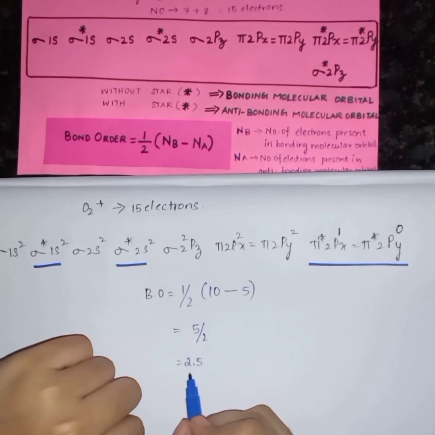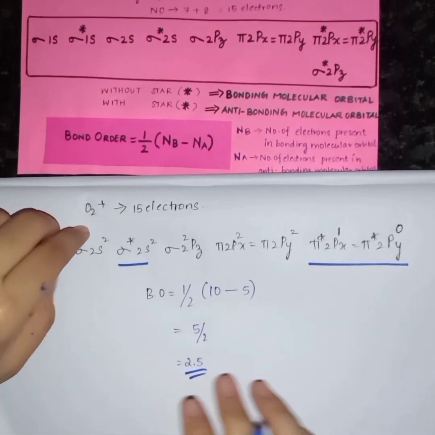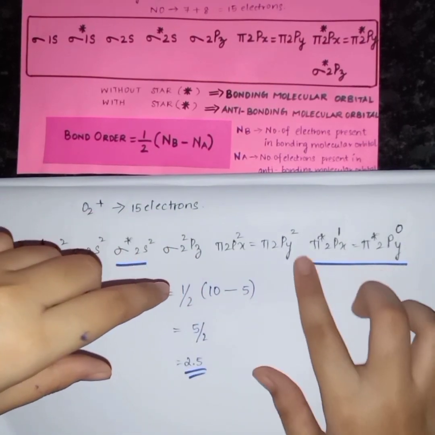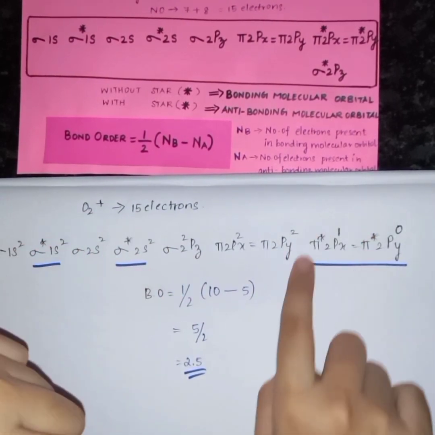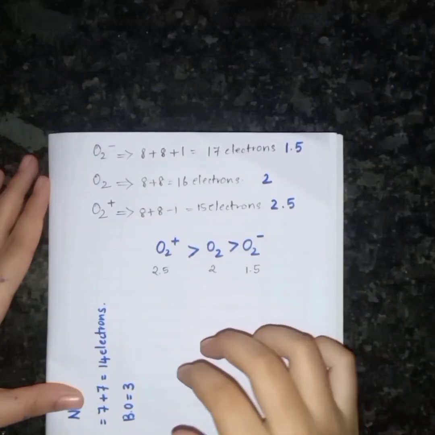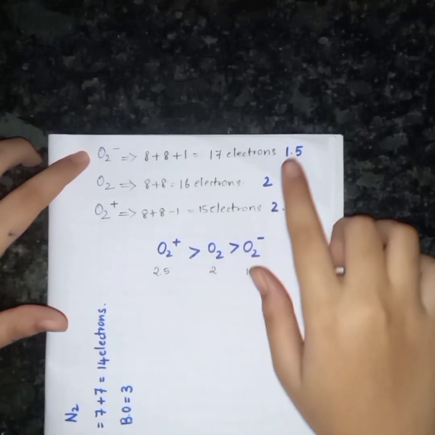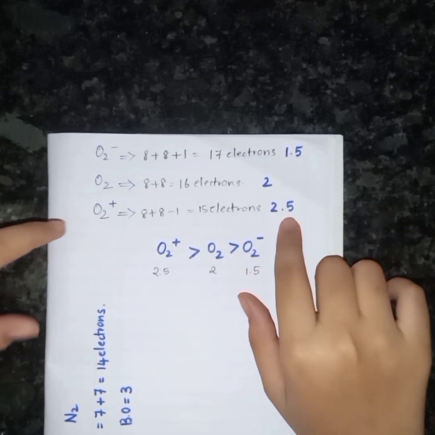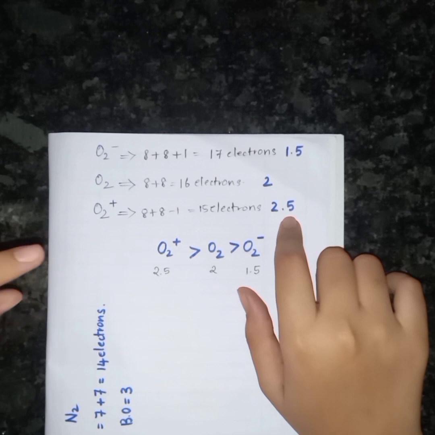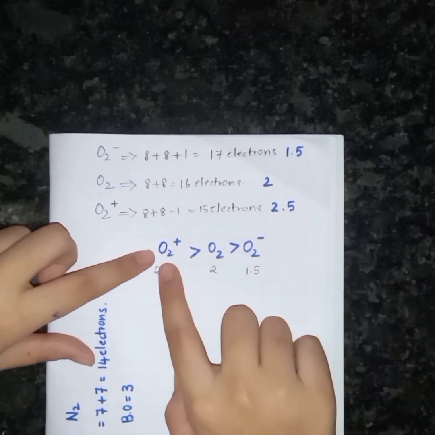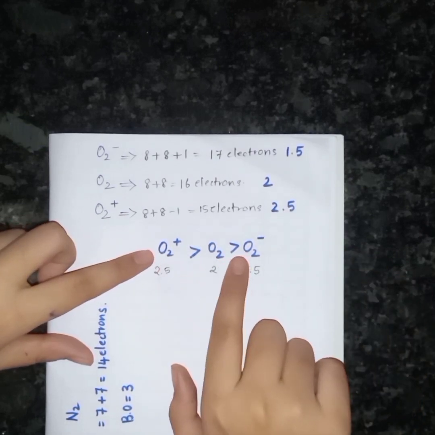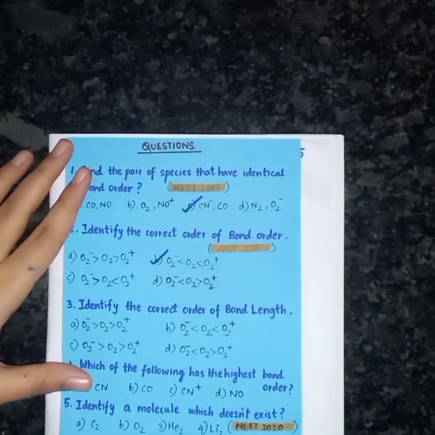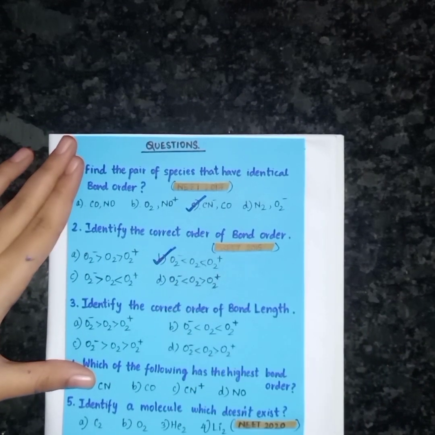Therefore, 2.5 is the bond order of O2 plus, and it is also paramagnetic in nature since it is having 1 unpaired electron. The bond order of O2 minus is 1.5, for O2 is 2, for O2 plus is 2.5. Therefore, the order of bond order is O2 plus greater than O2 greater than O2 minus. Therefore, option number 2 is the answer.